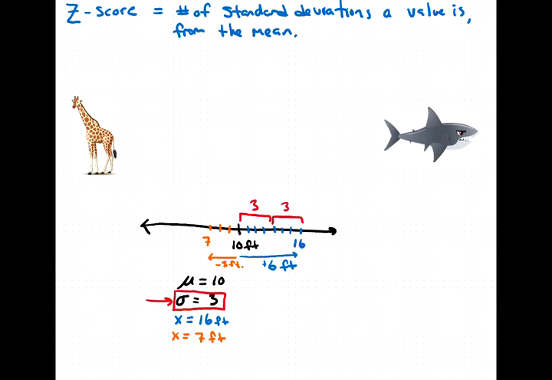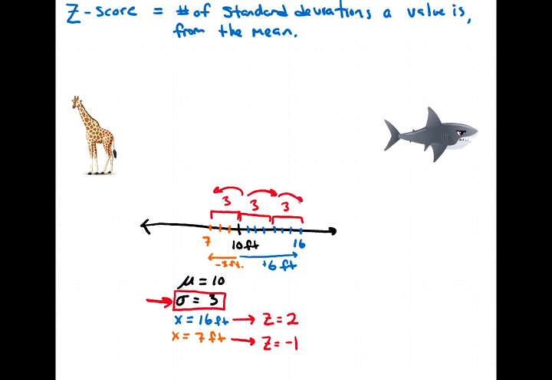So if we take that x value of 16 and convert it to z-scores, we would say the z value is equal to 2, because it's exactly 2 of these standard deviations up from the mean. And if we convert that 7 to a z-score, well, the z-score would be a -1, because it's exactly 1 standard deviation below the mean.